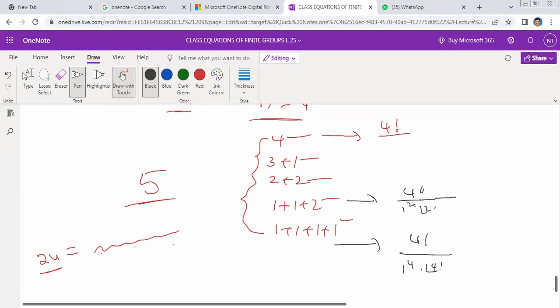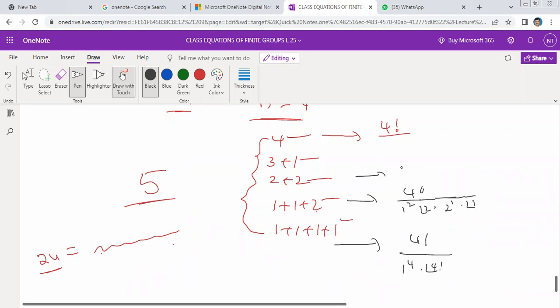Next, 2 is repeated one time, so 2 power 1 into 1 factorial.